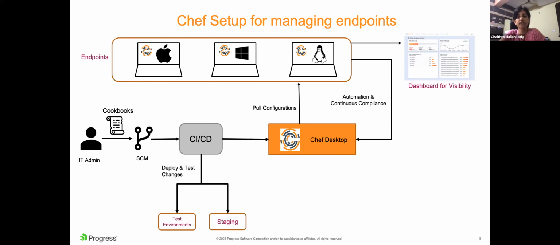So even if there are configuration drifts done manually by some user, the drifts are automatically corrected, as Chef clients can be scheduled to run periodically, and any change in configuration from the desired state is automatically fixed. So the state of your entire fleet, the compliance test results, and all the changes done in your fleet can be viewed on a single visibility dashboard. So Chef provides a single pane of glass for managing devices with different operating systems like Windows, macOS, and Linux.